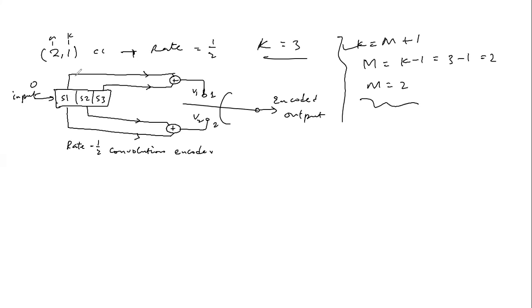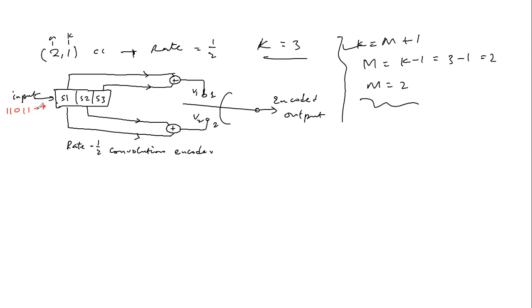So now, if the input to the half-rate convolution coder is, let's assume, 11011, that is the input to this encoder.